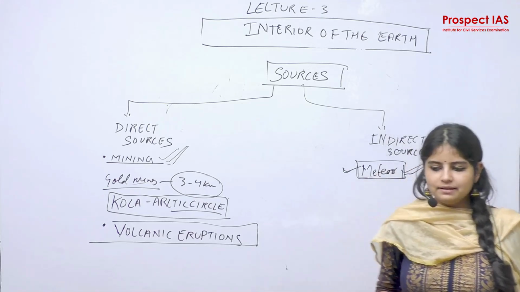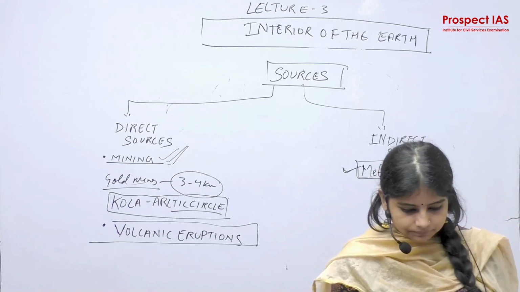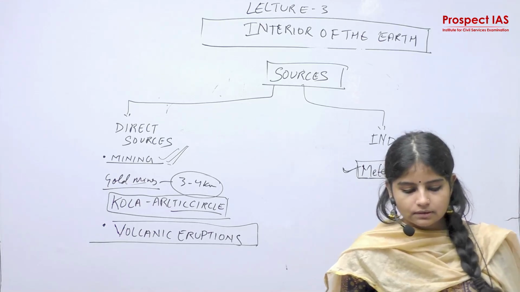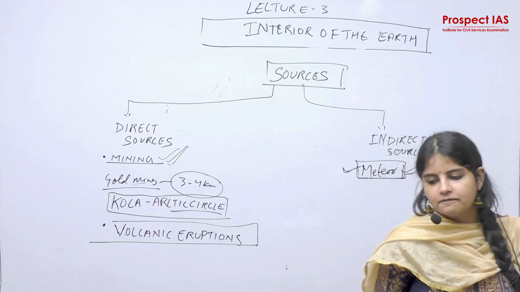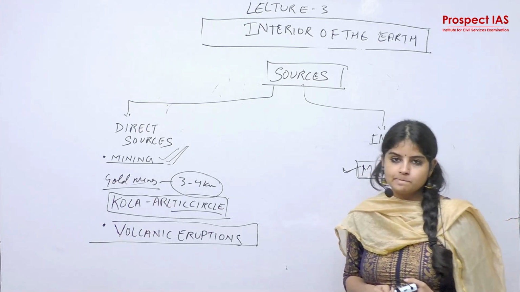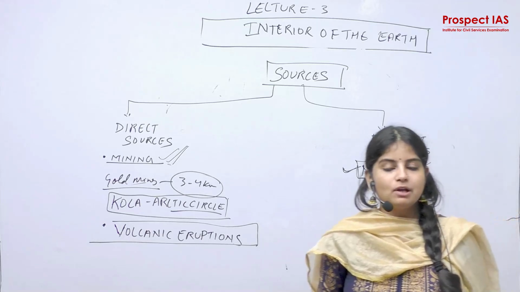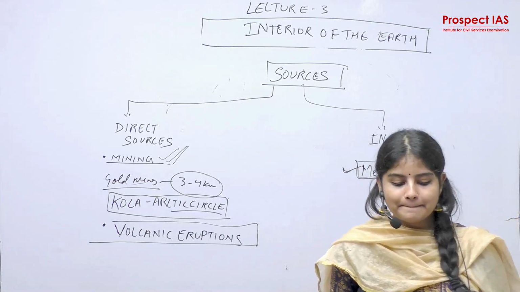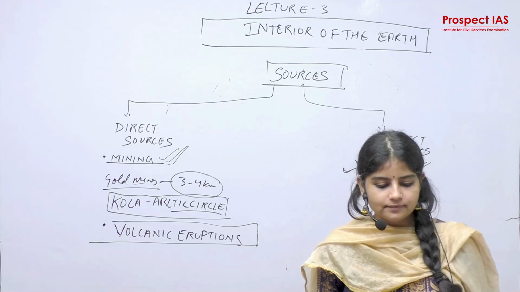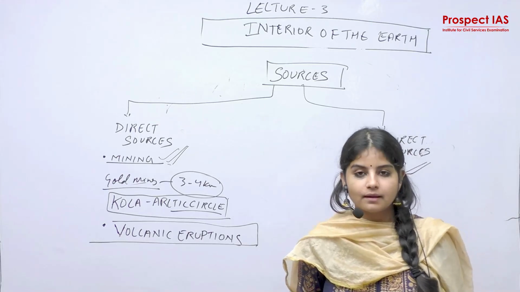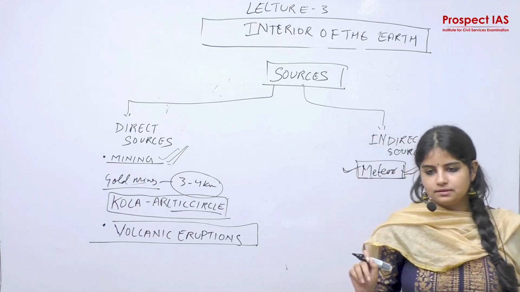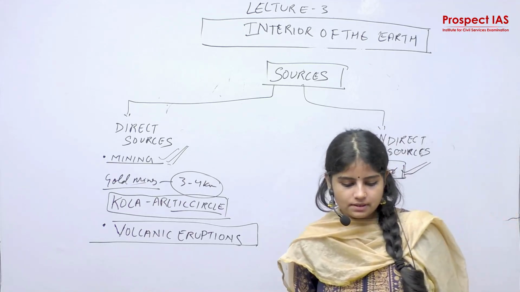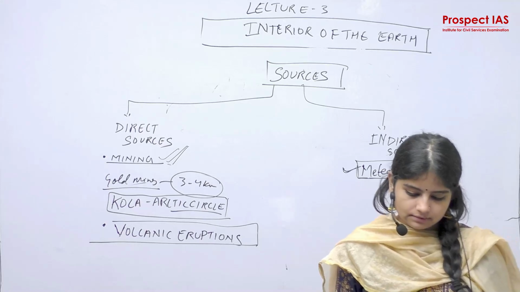So both have a similarity of composition, right? So you can write here, first is meteor. It belongs to the same family and the same type of Earth's material.